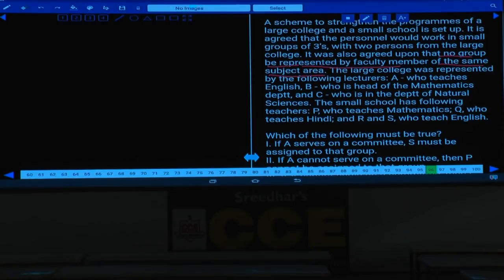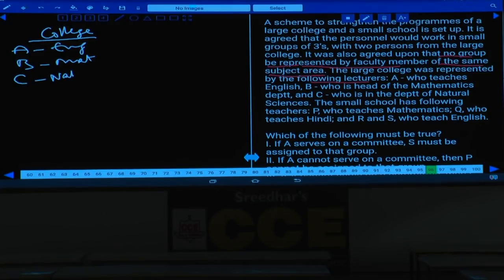Clear? Then, the following lecturers represent the large college. Yes, tell me who are the persons from the college here? A. A is for what? A, and the subject is English. And B is for mathematics, head of the department of maths. And next one, C, department of natural sciences.